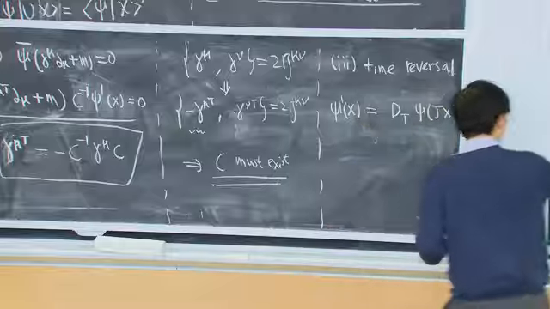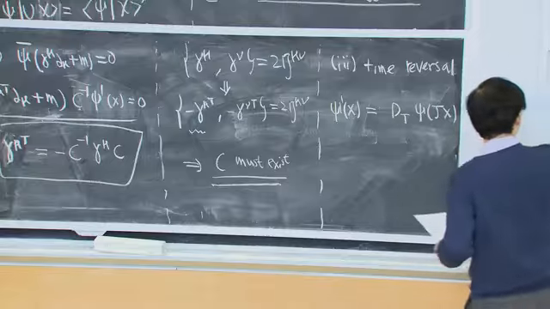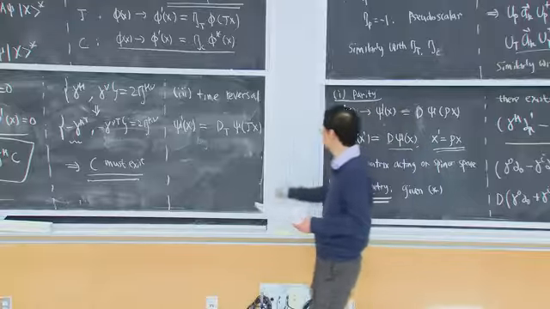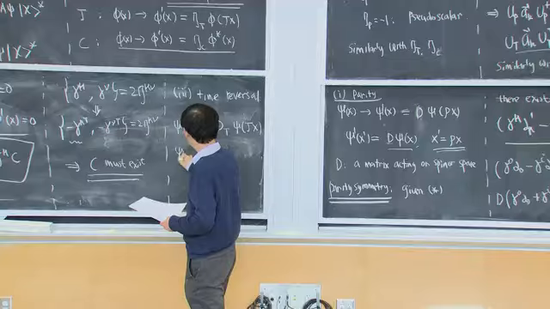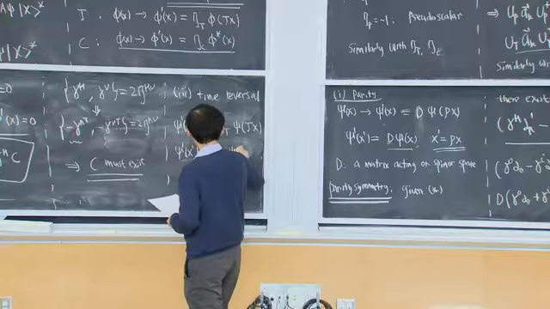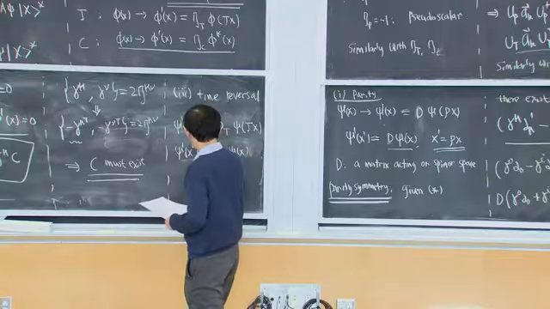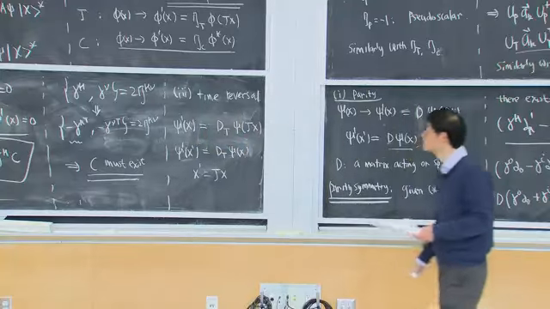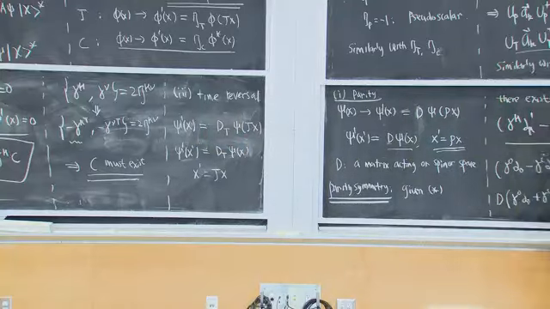This is the direct analog of the previous transformation, psi prime x prime equal to D_T psi x, and now x prime equal to T acting on x. You just flip the time direction.